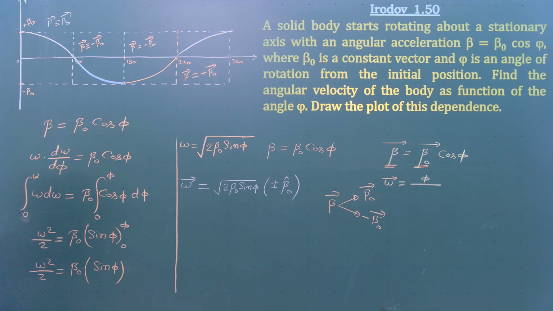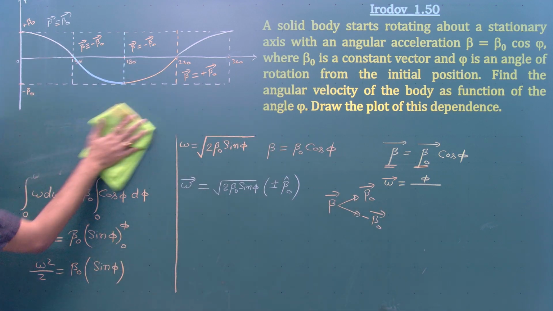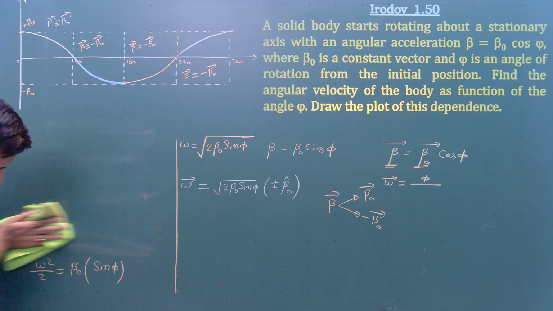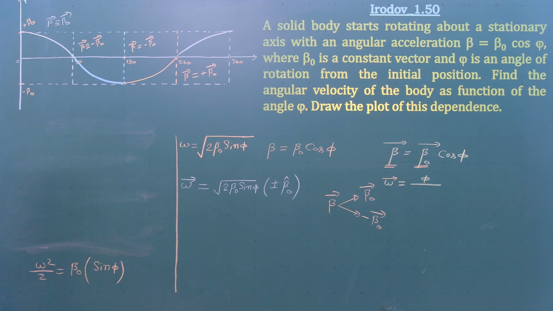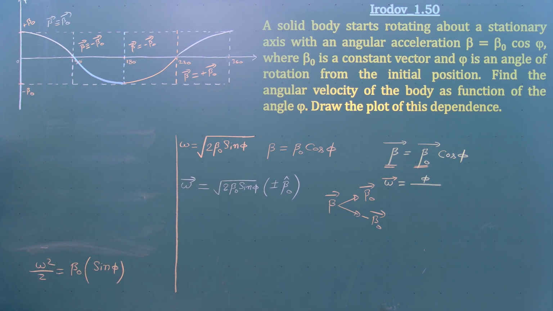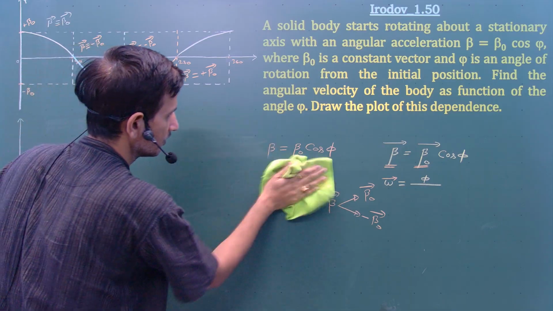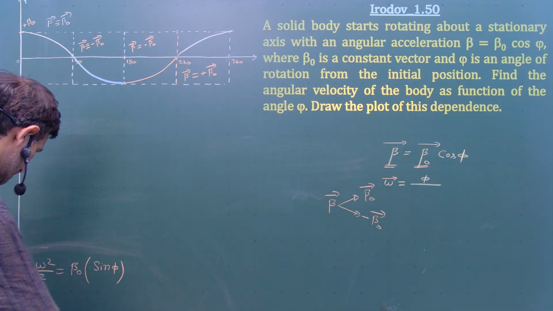Now we have to plot this equation. How to plot this equation? This is an omega square, sin phi equation. The power of omega is 2 and this is sin phi. Now see this.